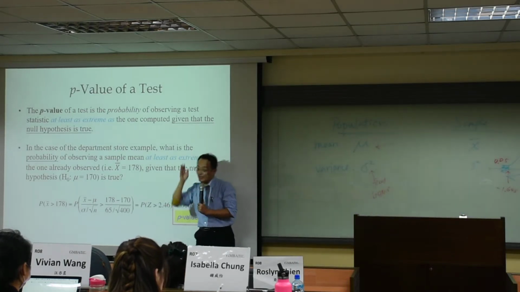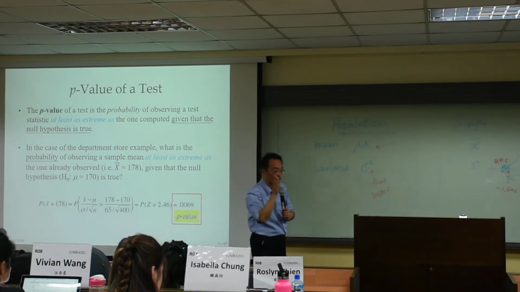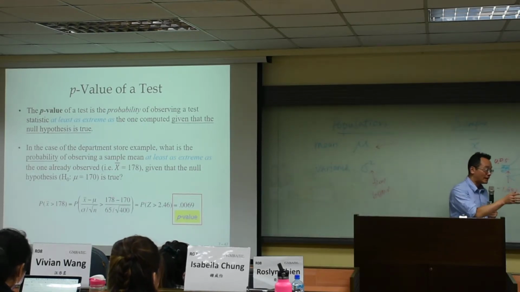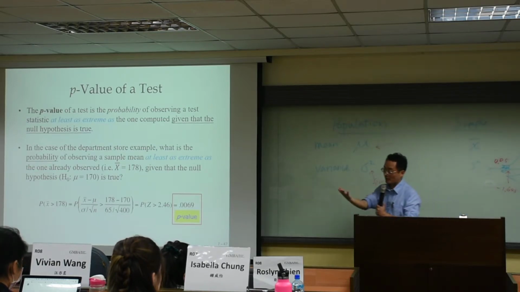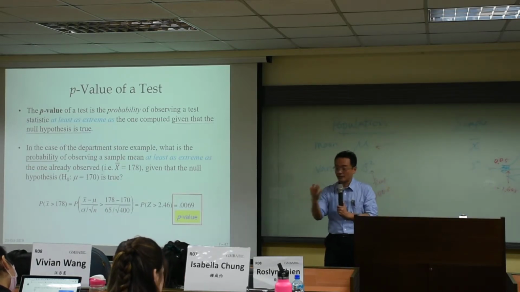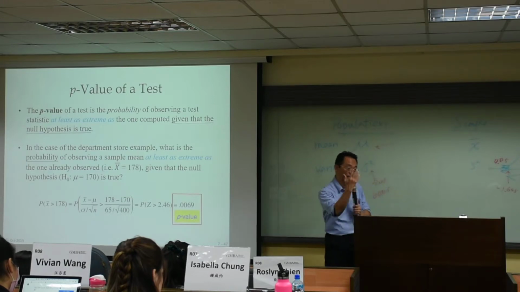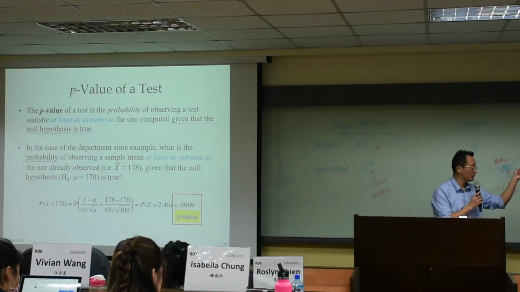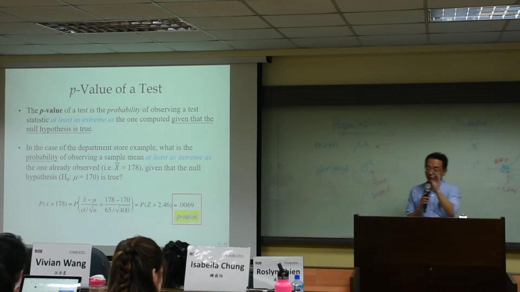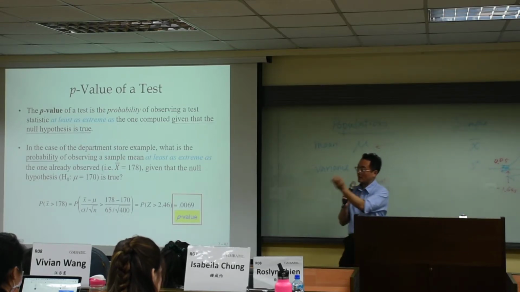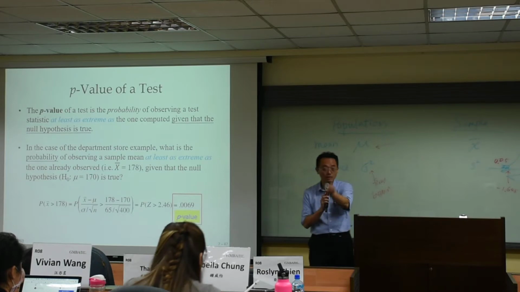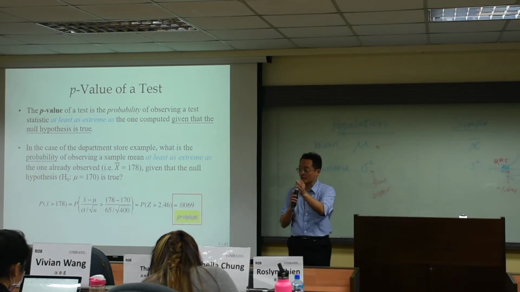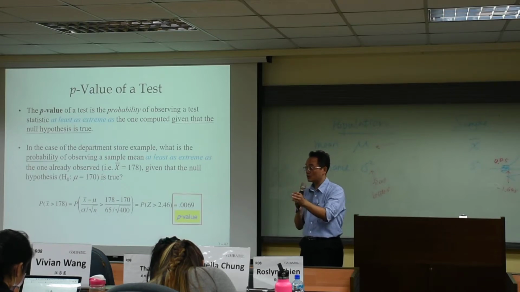It means that if the null hypothesis is true, then the probability of getting the sample you have, the probability of observing such outcome you have on hand, is p-value. Okay, so p-value is the probability of having this set of sample, having this kind of statistics, given that the null hypothesis is true.